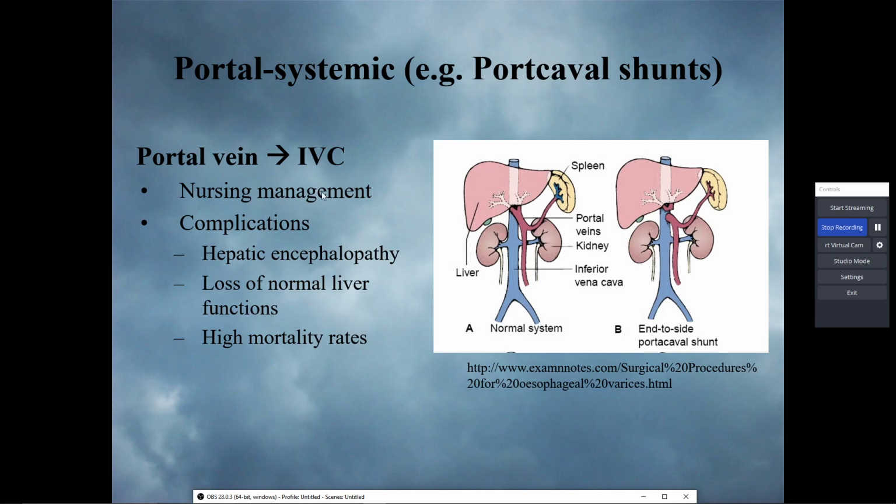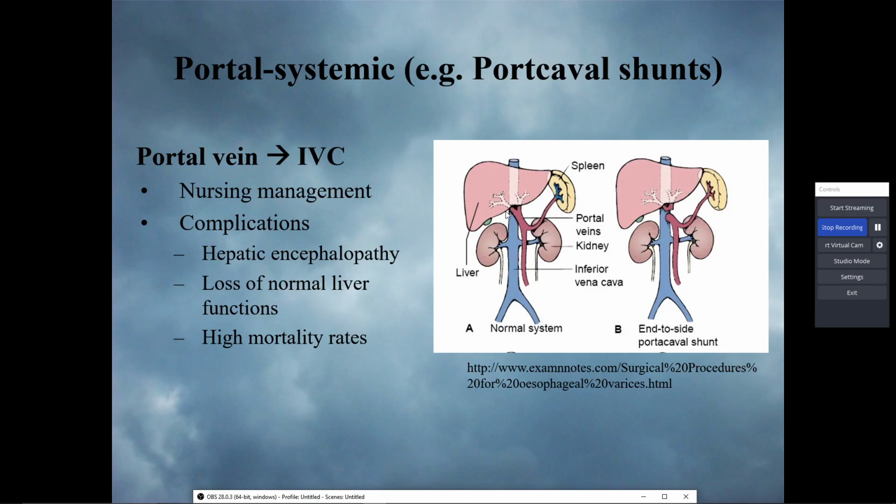Then we have what we call portocaval shunts. Excuse me. All right, and you guys can see them here. What are we doing here? Essentially, we're actually stealing blood flow. Because if you come over to here and you look at the normal structure, we got our liver, got our blood flow, cool.